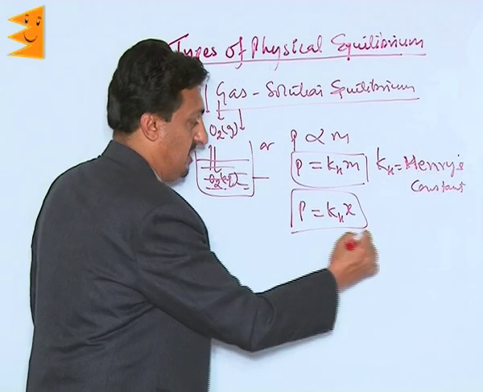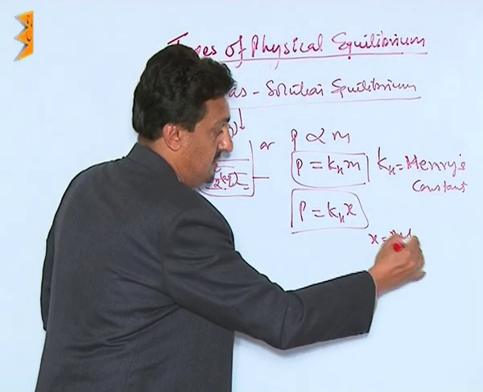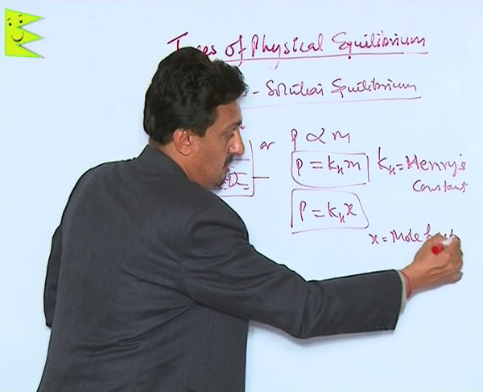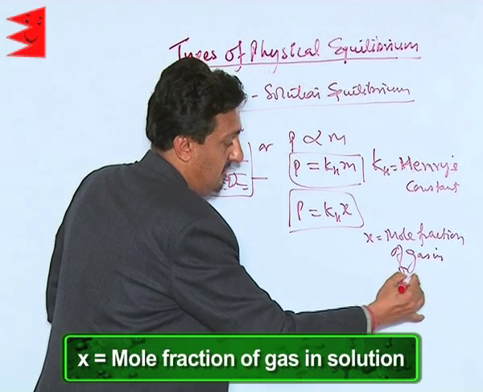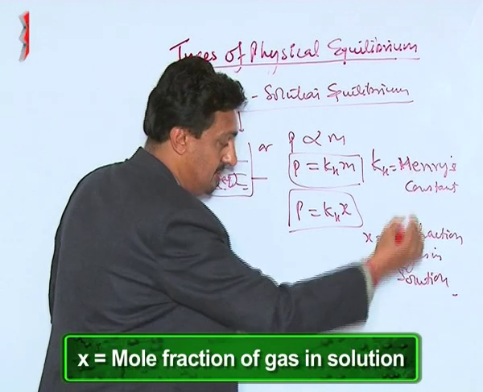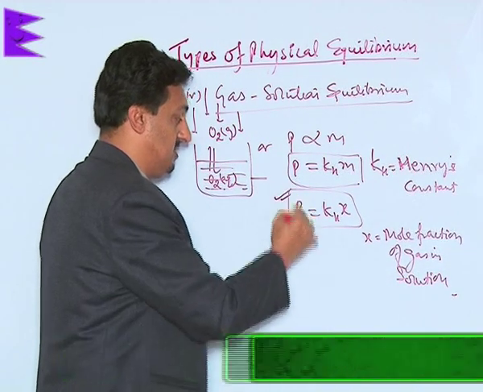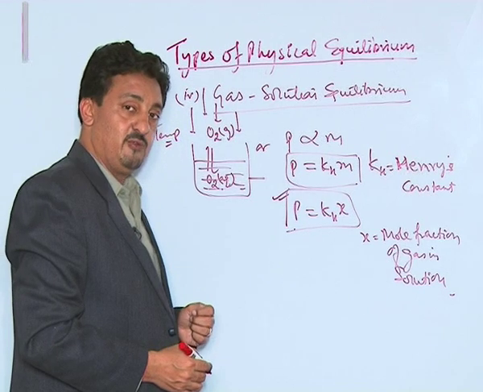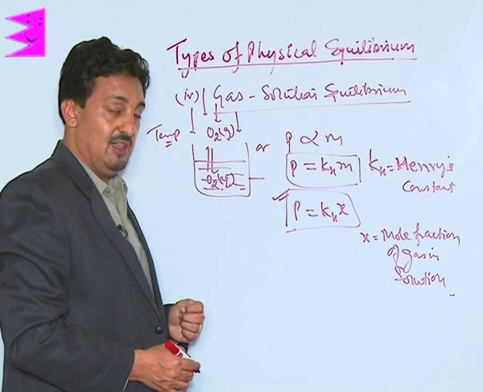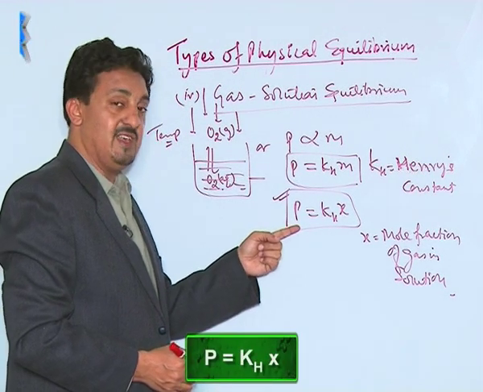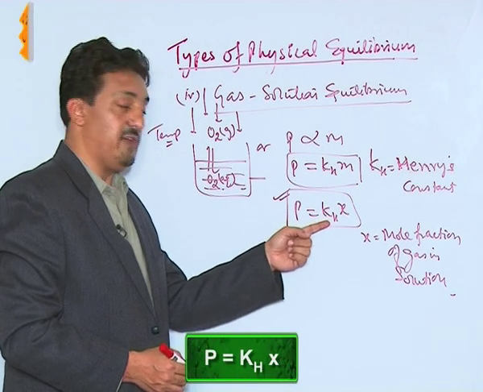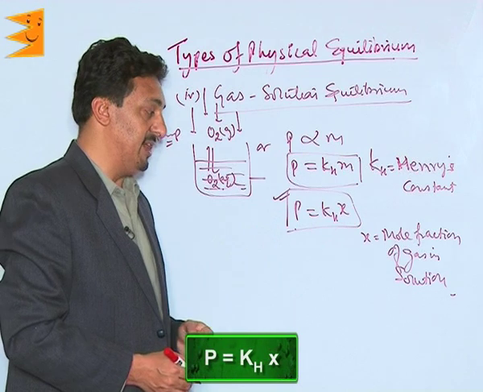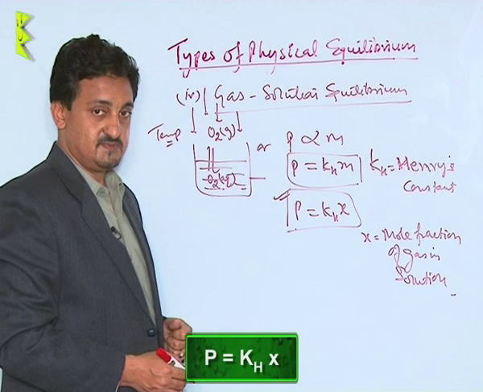Here X is the mole fraction of gas in solution. So this is the exact formula of Henry's law, where the pressure of the gas above the solution is equal to the product of Henry's constant and the mole fraction of the gas in the solution.